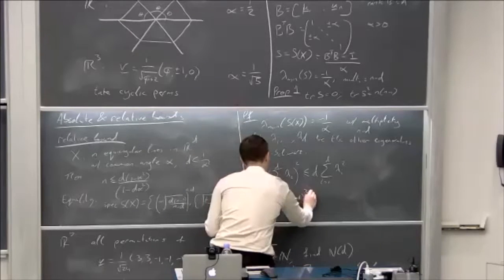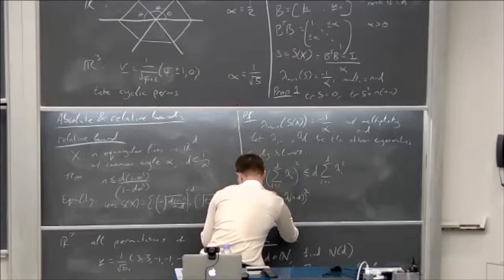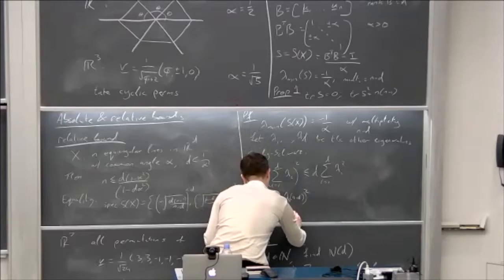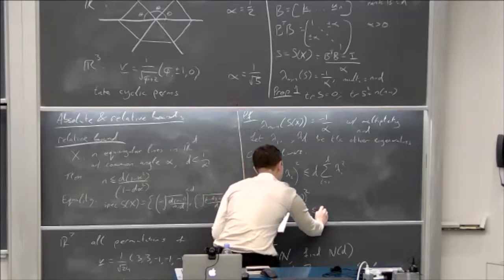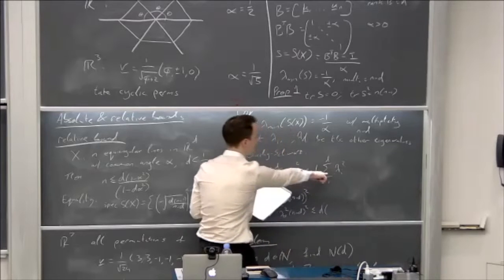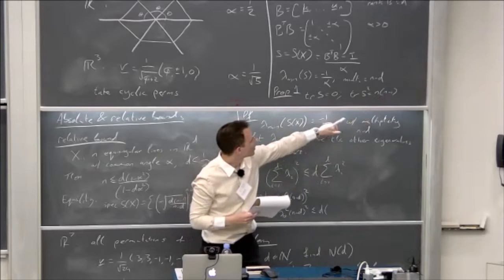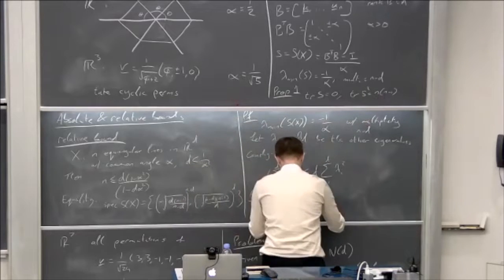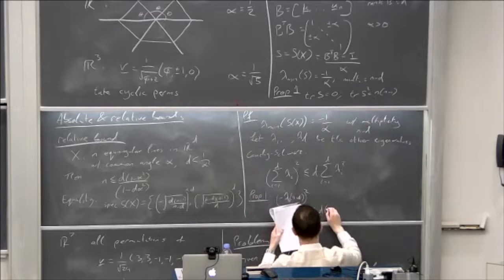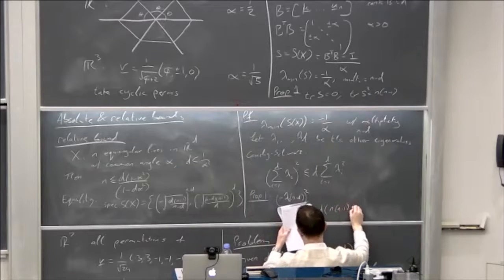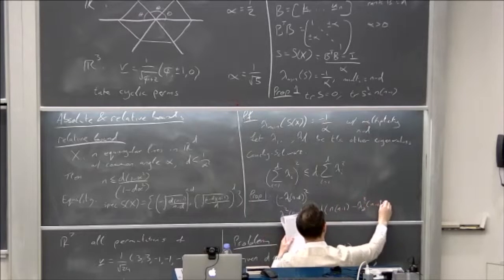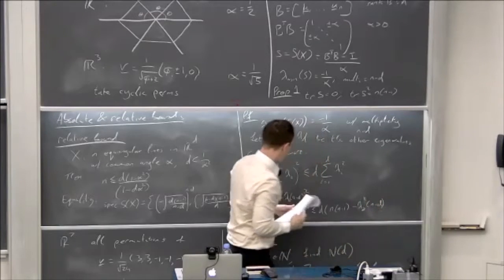And if I square that, I get lambda 0 squared times n minus d squared. And then that's at most d times the sum of the squares. This time I have n times n minus 1, and then minus the contribution from this one. So that gives me n times n minus 1 minus lambda 0 squared times n minus d.